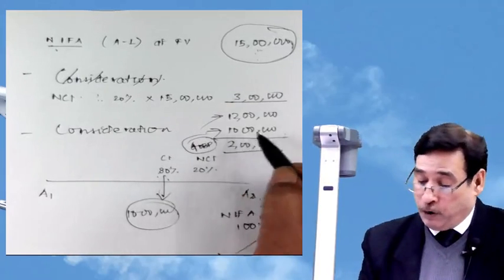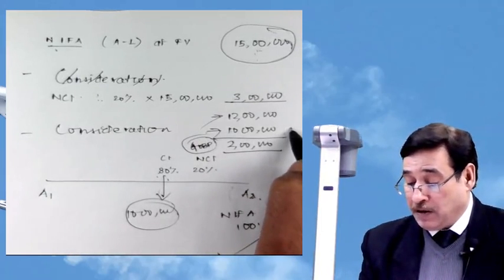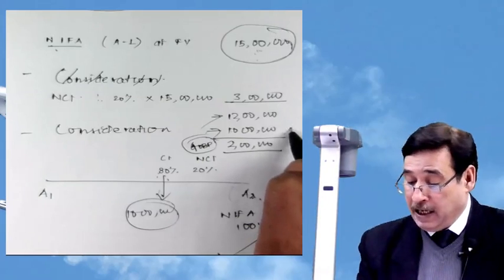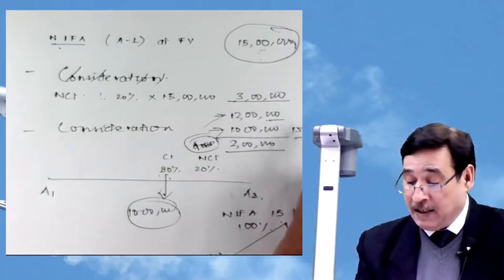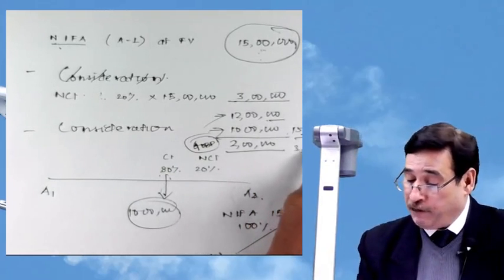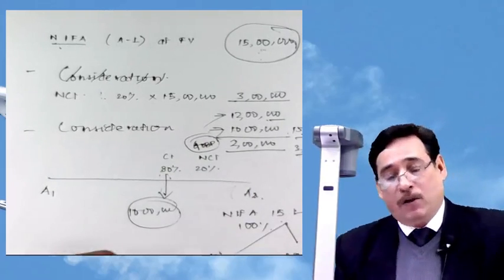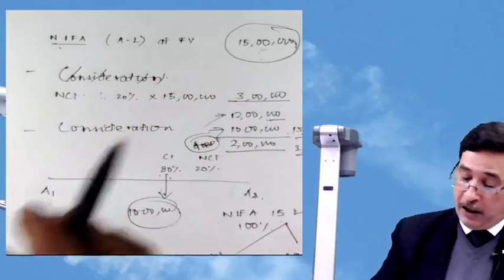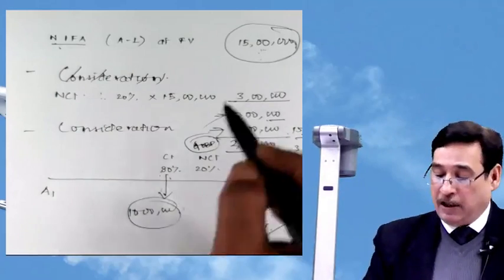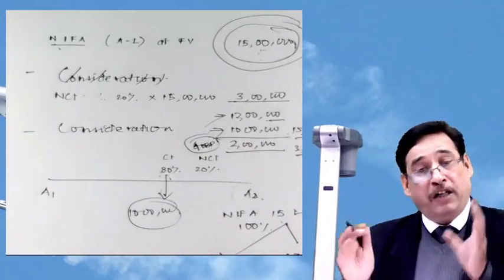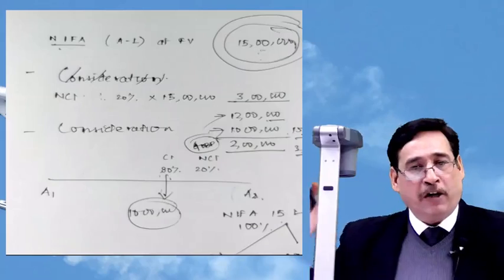It could be goodwill. Suppose the consideration amount was 15 lakh. In that case, you are getting less and paying more, and this difference of 3 lakh would have been goodwill. So you will compute the amount of goodwill or gain on bargain purchase, which is not a very tough nut to crack. You need to take into account first of all 100% of the net assets of the acquired company.